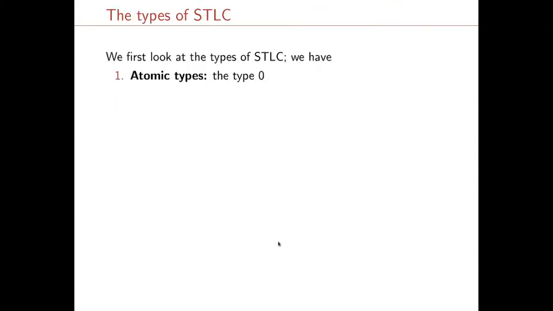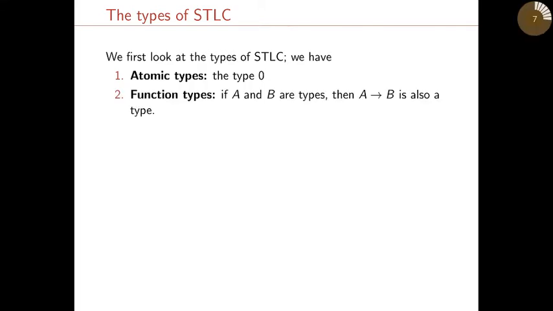What are the types of the simply typed lambda calculus? Well, firstly, we have atomic types. For instance, we will have type variables, and we have the constant type 0. But then we will also have more complicated composed types like the function type.